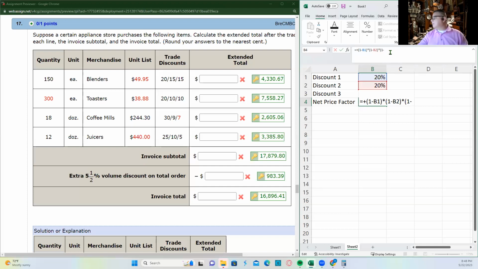B3? For some reason I'm not able to see this. I think it's because I got it squished up. Now, this is why we learned that order of operations, because we have to do what's inside the parentheses first, and then do what's outside of it next.